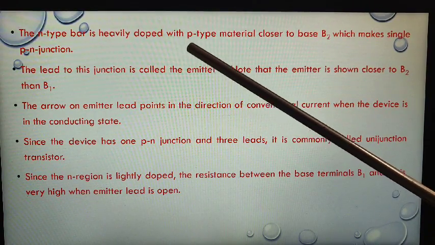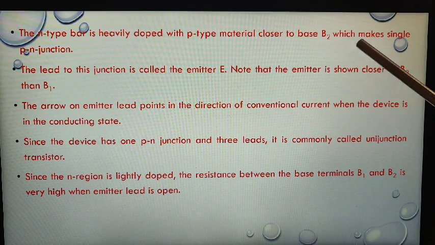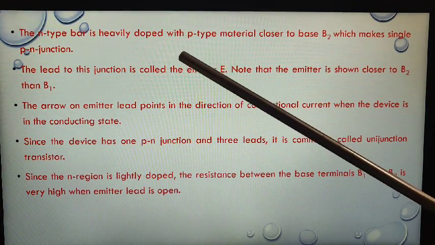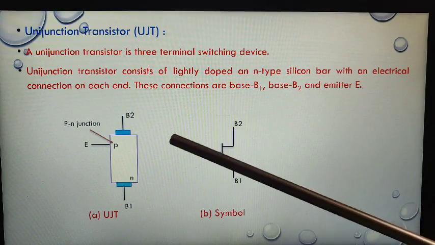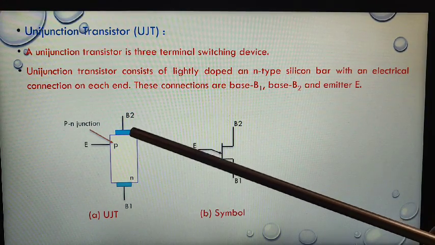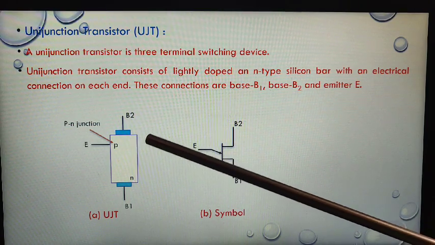The N-type bar is heavily doped with P-type material closer to base B2, which makes a single PN junction.